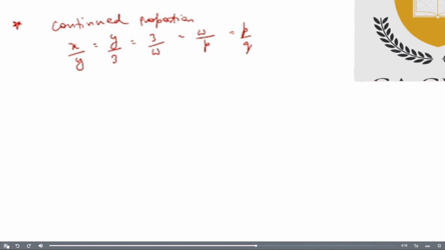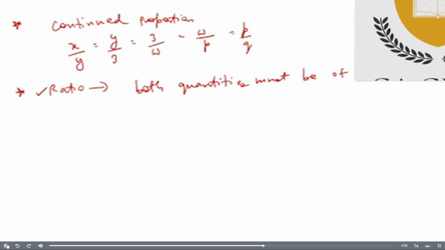One more important crucial point here is in case of a ratio, both quantities must be of the same kind.